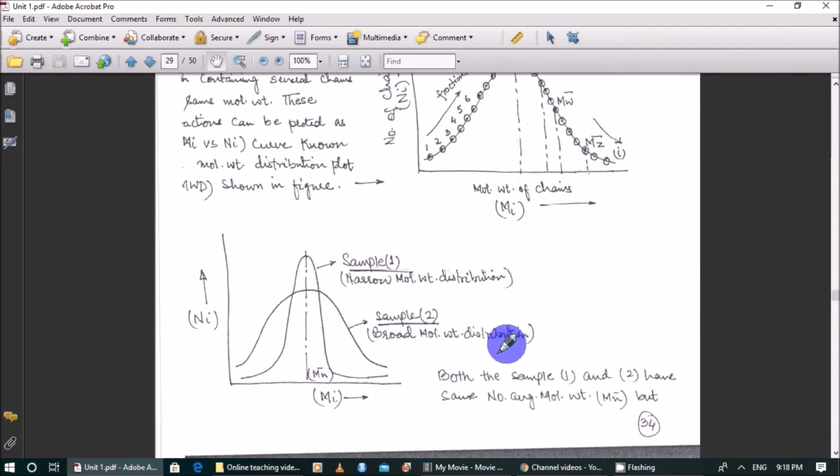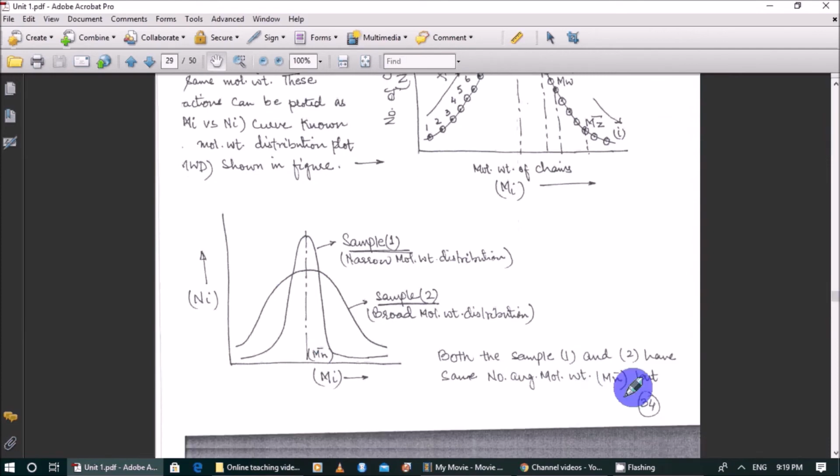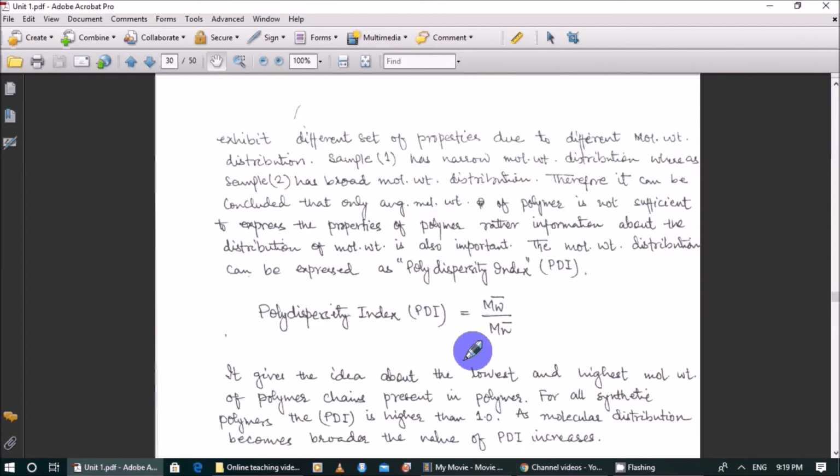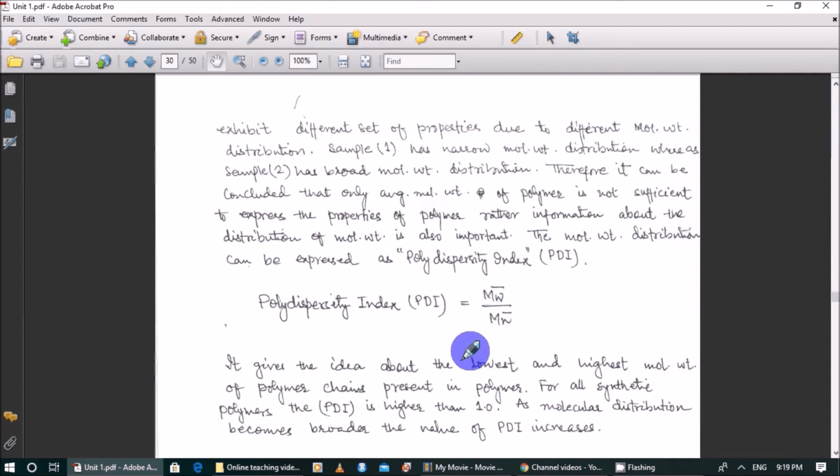So both sample 1 and sample 2 have the same number average molecular weight. You can see their peaks are lying on the same line of Mn bar, so they are having the same number average molecular weight but exhibit different sets of properties due to the difference in molecular weight distribution.